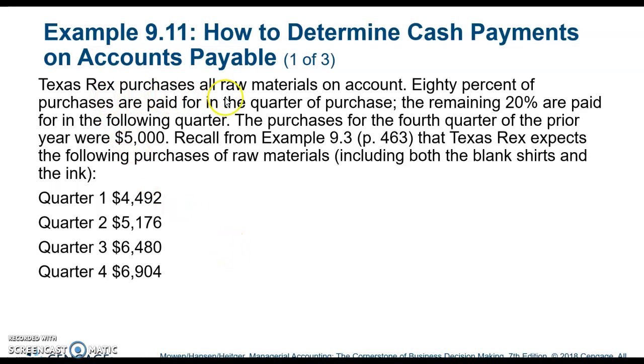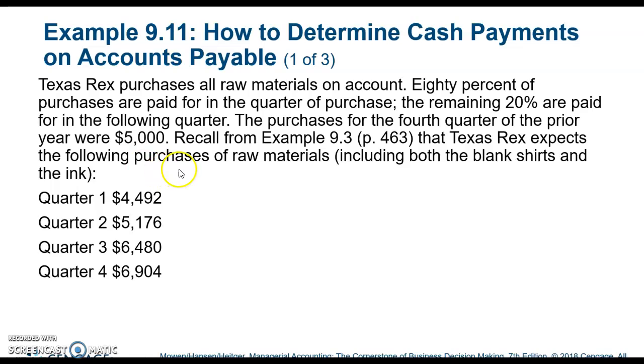Texrex purchases all their raw materials on account. 80% of the purchases are paid for in the quarter that we purchase them, and the remaining 20% are paid for the following quarter. The purchases for the fourth quarter of the prior year were $5,000.